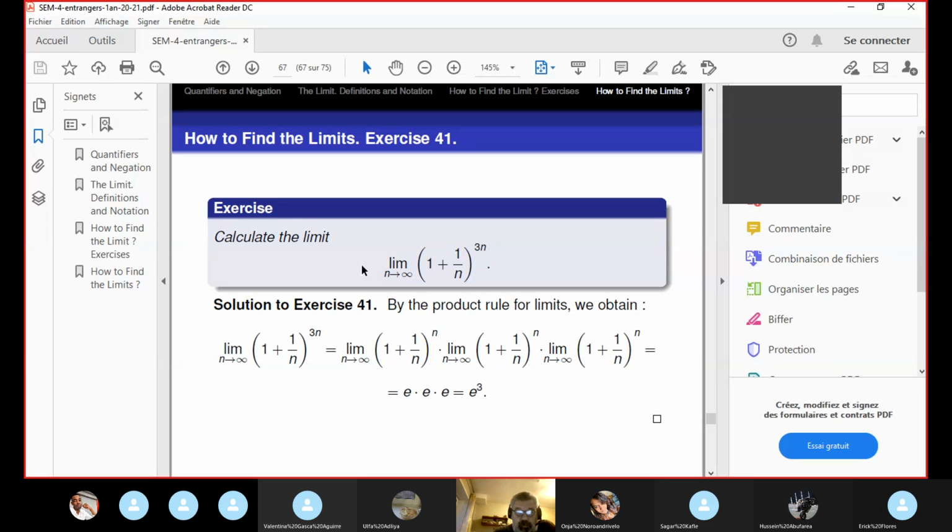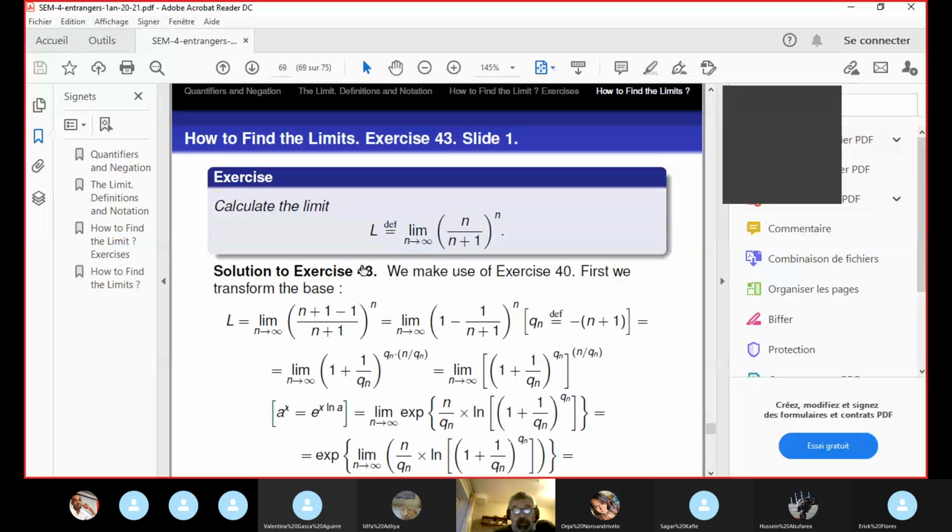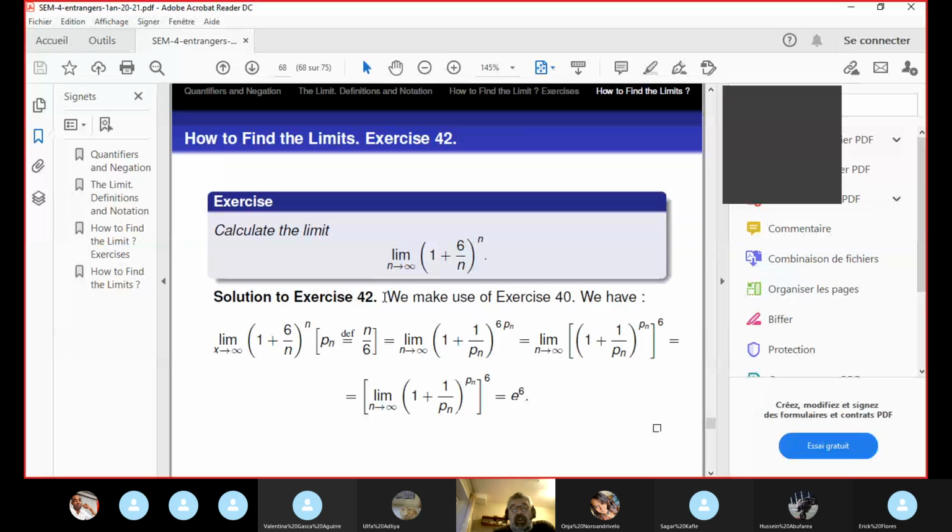I hope. So now we have another exercise, exercise number 42. Here I want to find the limit as n goes to infinity of (1 + 6/n)^n.